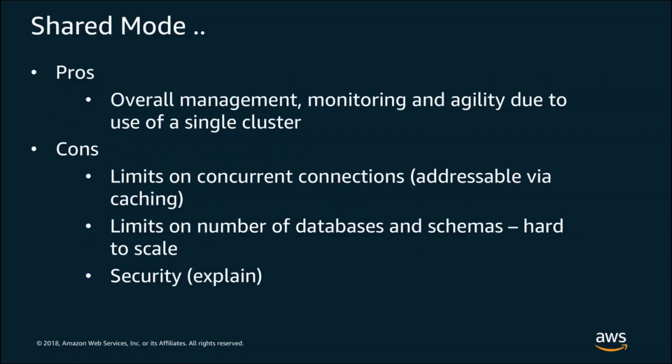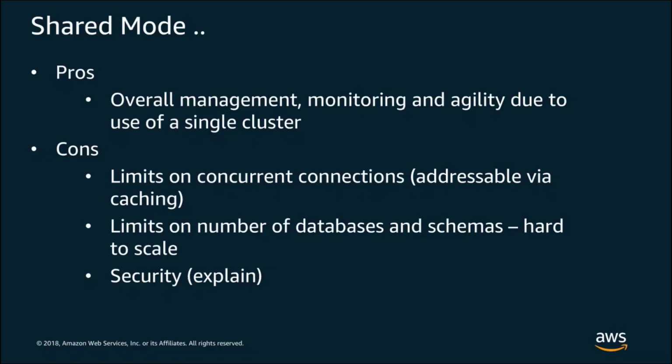So on the plus side, for the shared model on the Amazon Redshift cluster, the overall management, monitoring, and agility due to the use of a single cluster becomes a very easy task. On the downside, as I mentioned, you have to think about the limits on some aspects of the service itself, although some of them are addressable through other mechanisms.